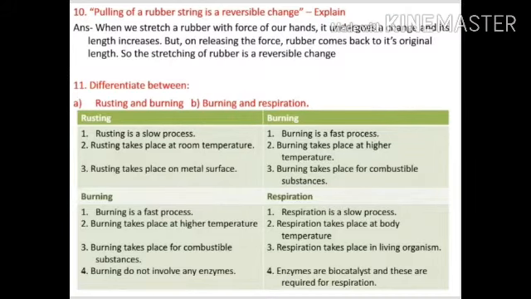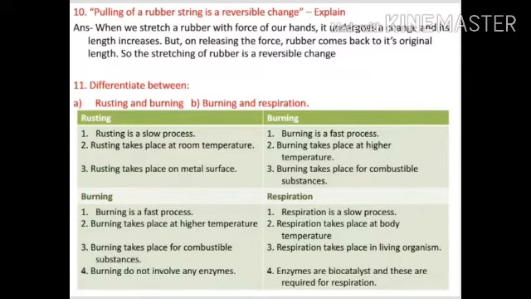Explain. Answer is, when we stretch a rubber with the force of our hands, it undergoes change and its length increases. But on releasing the force, rubber comes back to its original length. So, the stretching of a rubber band is a reversible change.